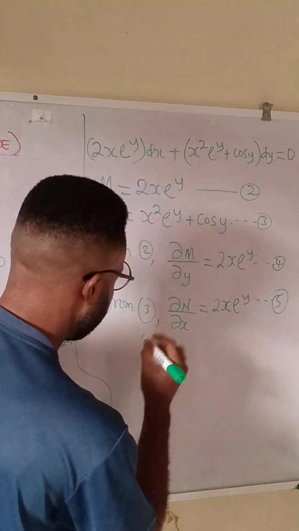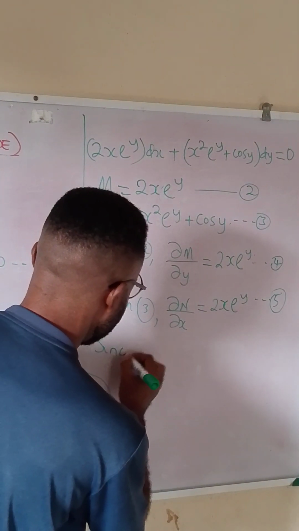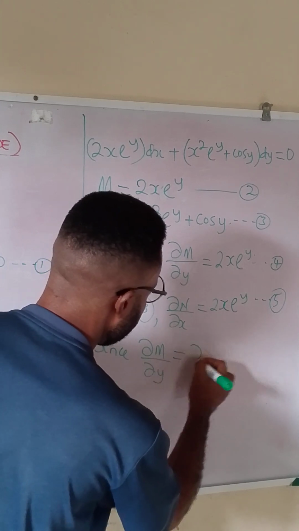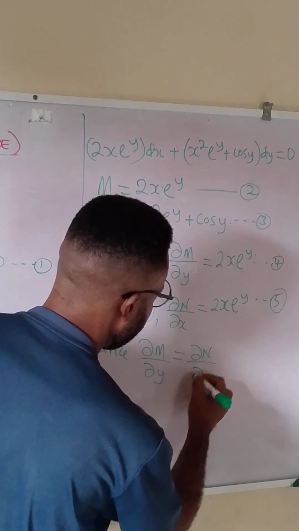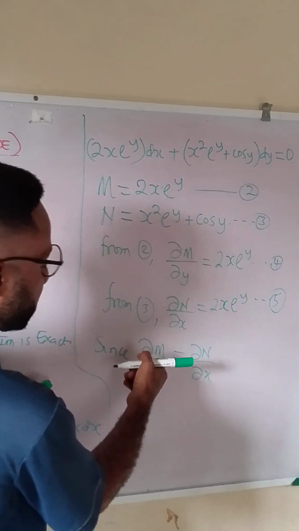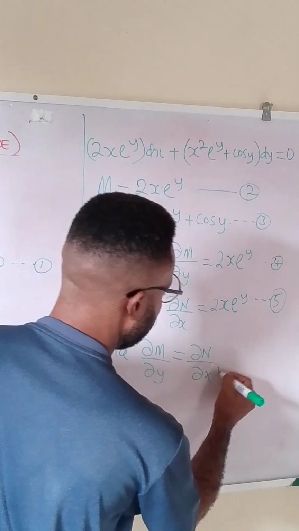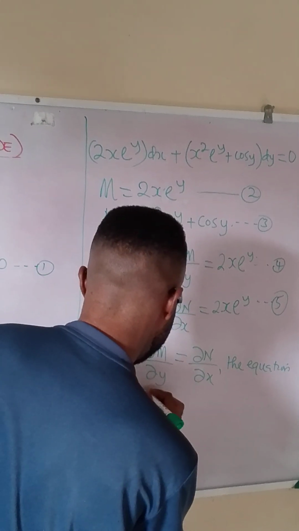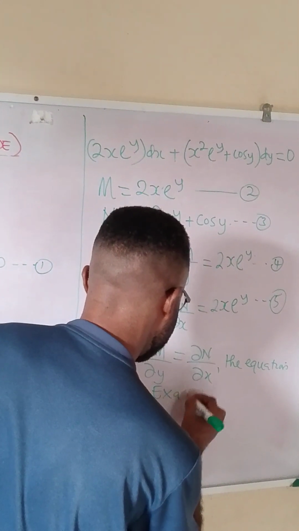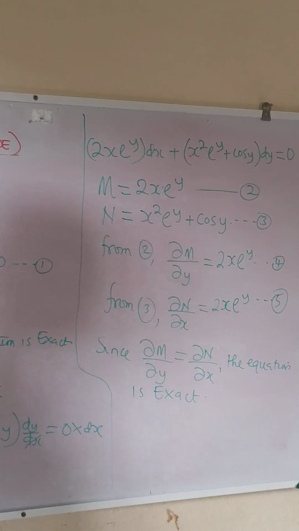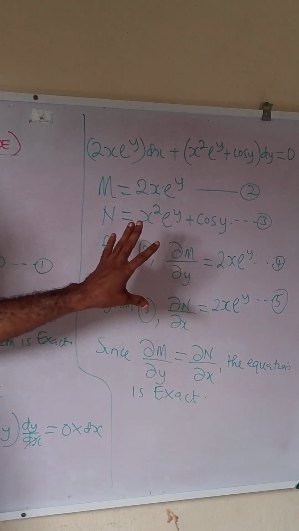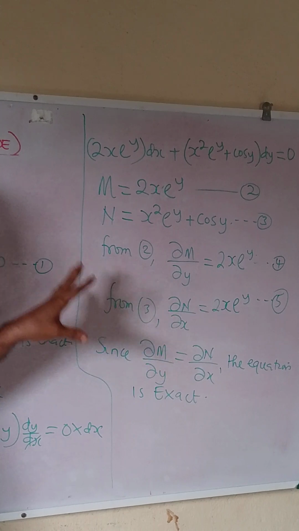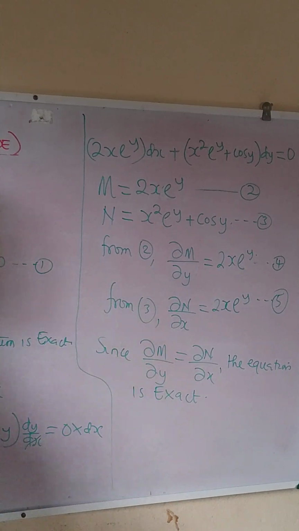So we can now make this mathematical statement: since the partial derivative of M with respect to y equals the partial derivative of N with respect to x, and since this is equal to this, the equation is exact. And since we've been able to establish that yes, this equation is exact, we can at this point solve the equation. It is at this point that we solve the equation.